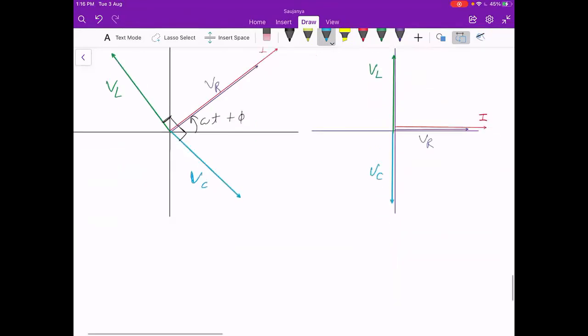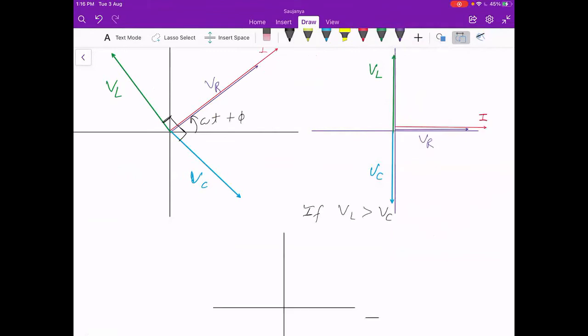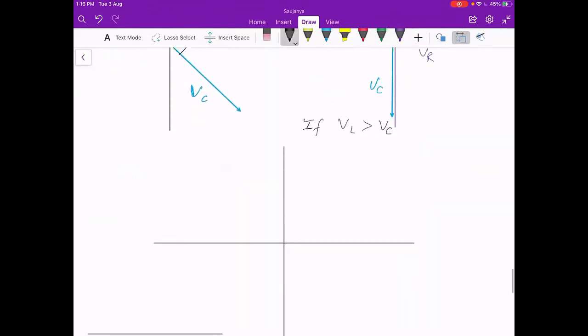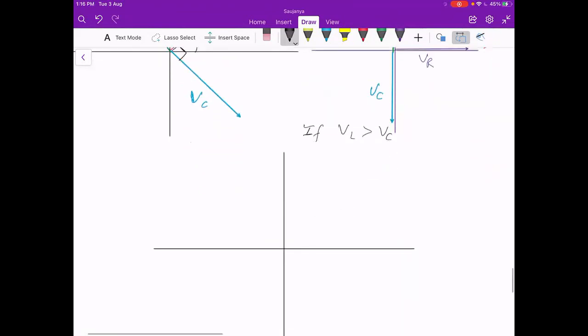Now the next step: either VL is greater than VC or VC is greater than VL. I'm going to make a simple assumption that VL is greater than VC. I could take the mod, but that creates confusion about whether it comes down or up, so I'm not writing mod. I'm assuming VL is greater. Then the diagram I can make based on that assumption has the subtraction VL minus VC, the difference between the two on this side.